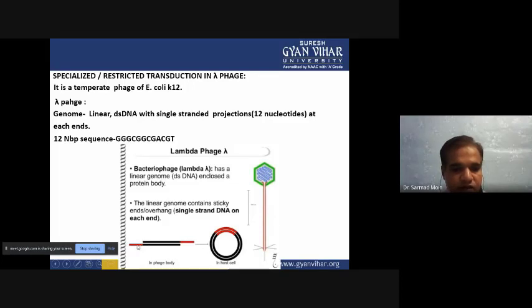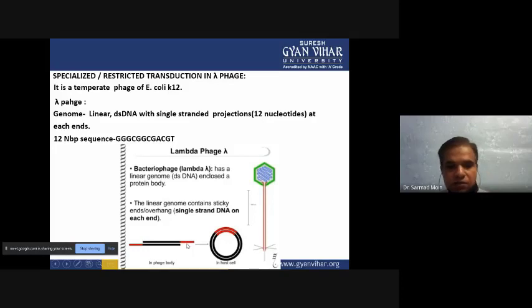The ends of this linear DNA are open and single-stranded, and in between these single-stranded ends you have double-stranded DNA. These single-stranded ends can bind with each other because they are complementary.